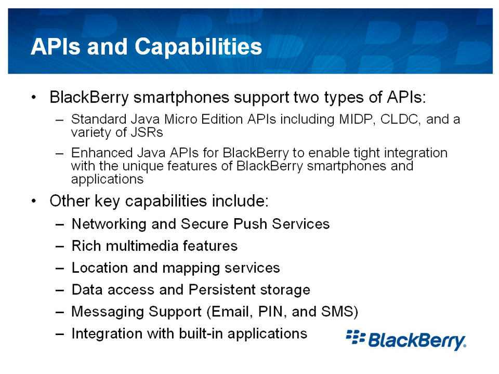We look at it as standard Java Micro Edition APIs, whether that's part of the MIDP or CLDC specifications, or even a variety of different JSRs. We also have enhanced Java APIs for Blackberry to enable tight integration with a lot of the capabilities that are specific to Blackberry. One of the key features of these enhanced Java APIs is that they allow you to take advantage of hardware and software capabilities on Blackberry that aren't available on other handsets today.